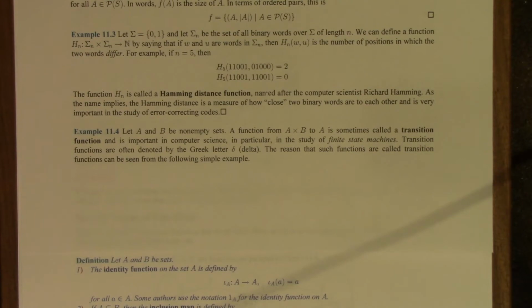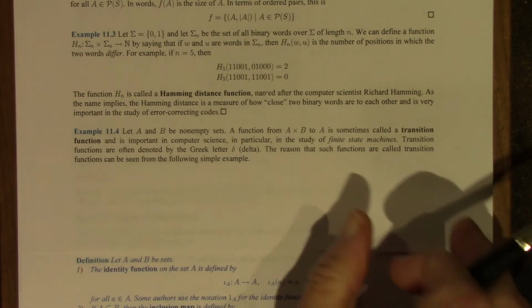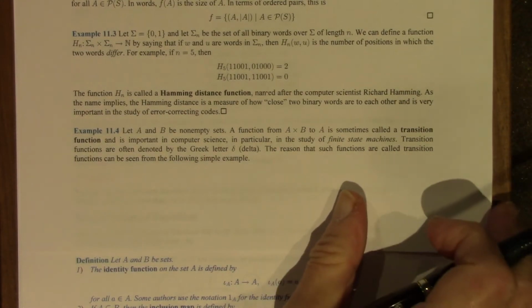When you receive the information, there may have been errors, either in transmission or glitches in the storage. And the Hamming distance function will tell you how many errors took place. So it's a very important idea in coding theory.